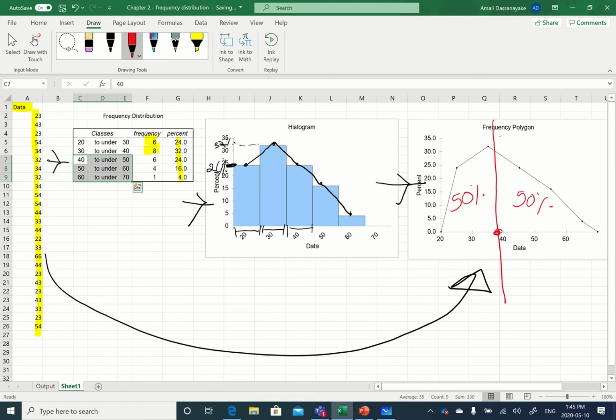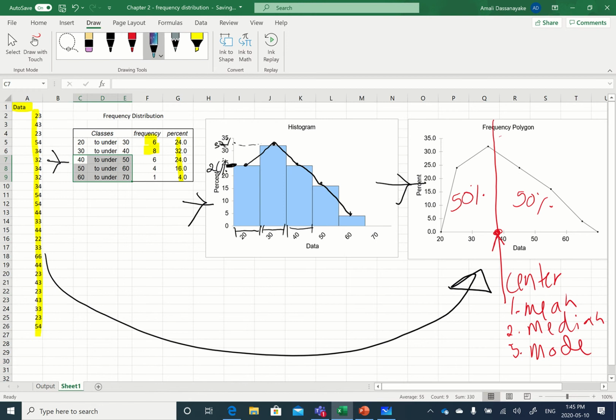So the center is somewhere here. We have three ways to measure the center: mean, median, and mode. Based on the data set and based on whether we have extreme values or not, we can choose one of these three measurements to numerically measure the center of our data set.